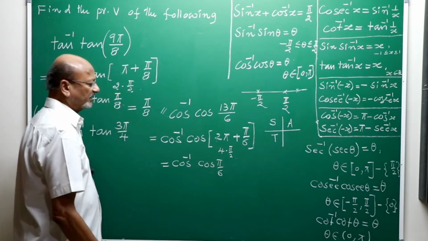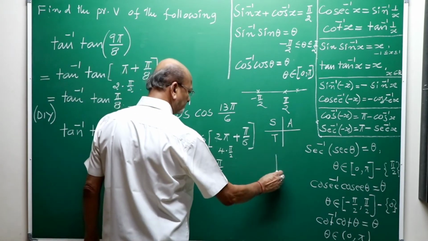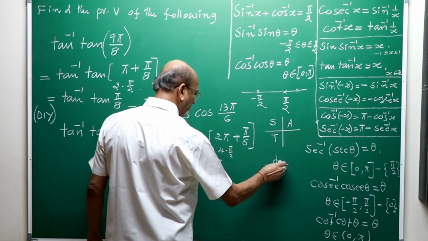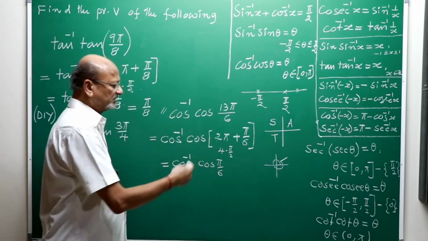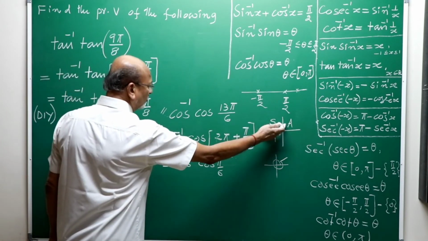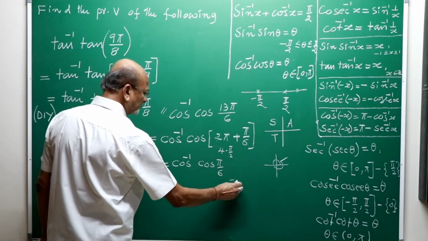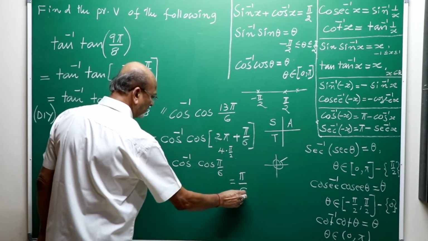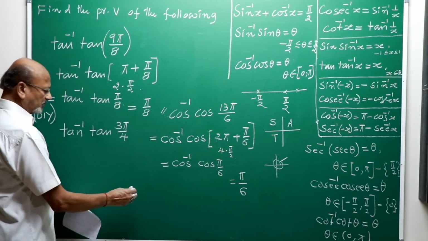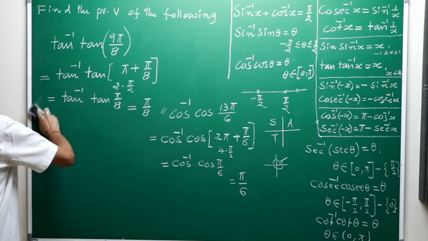What about the sign? 4 pi plus pi by 6 is in the first quadrant, where all are positive. Therefore, cos inverse of cos 13 pi by 6 is pi by 6. Just this example, do it yourselves, otherwise I do this one sample also.